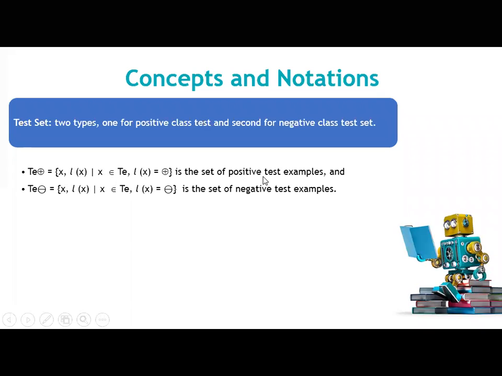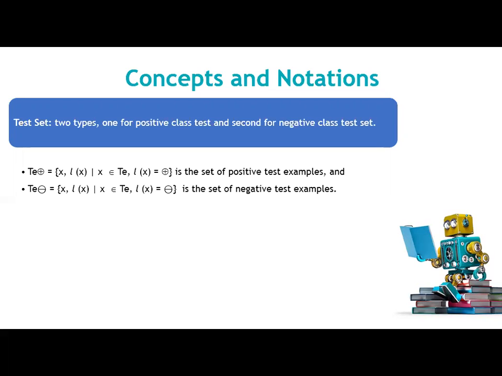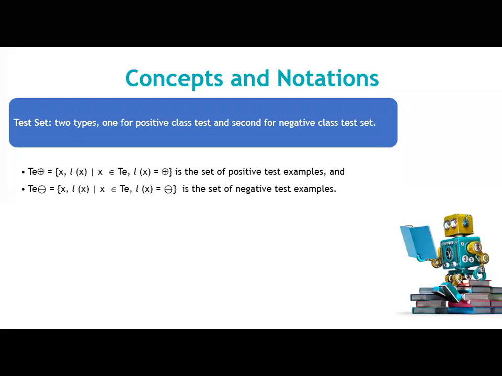Such that this is the set of positive test examples, and likewise the set of negative test examples. You have to keep this by heart, because every time we write down the definition of true positive ratio, true negative ratio, false positive ratio, when we evaluate binary classification, at that time we need this definition.